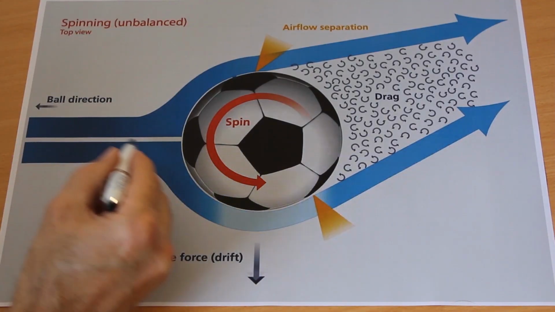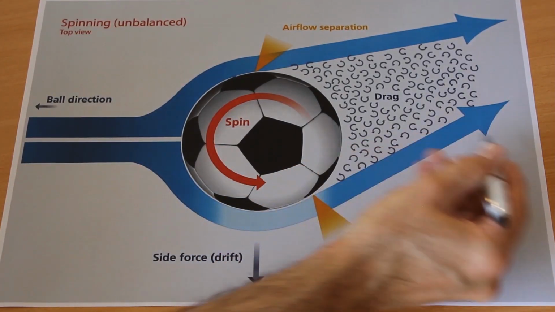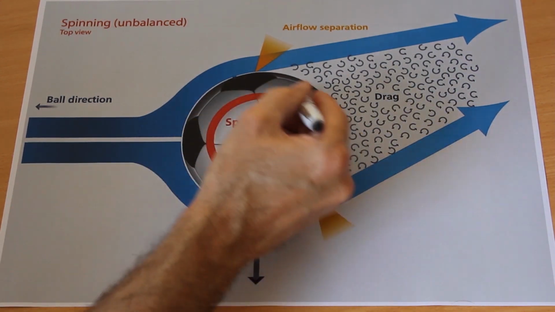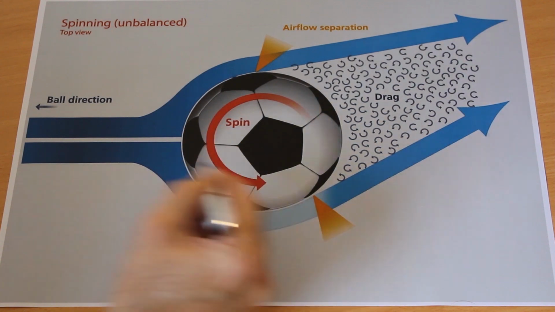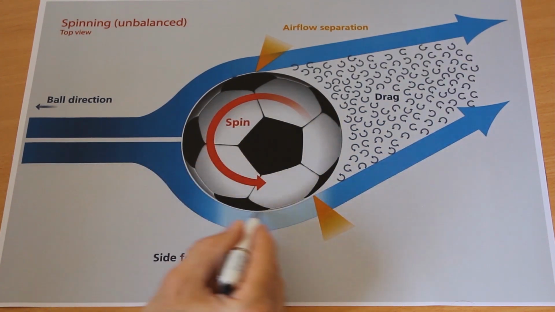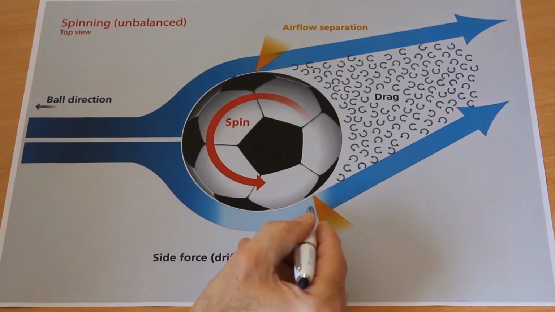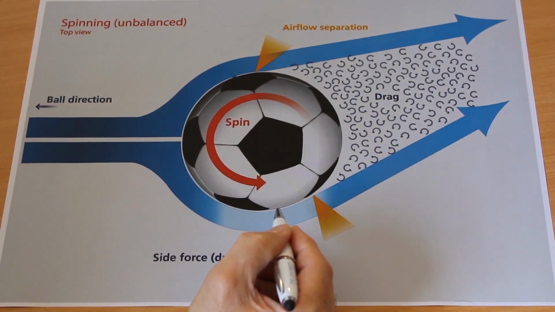Let's take a look at how a spinning soccer ball can bend. In this graphic, we've got the boundary layer flowing along this direction as the ball moves from right to left. The ball is also spinning. Now, this boundary layer is actually a low pressure region. You can understand that as the particles stretch out around the arc of the ball.